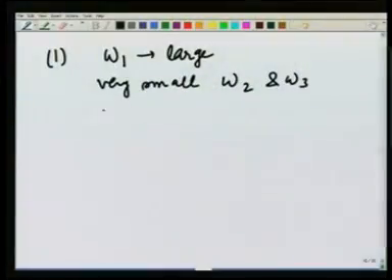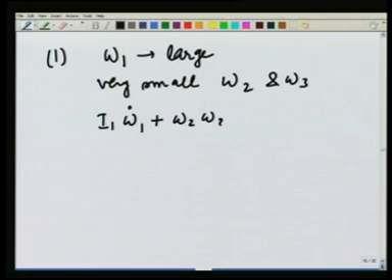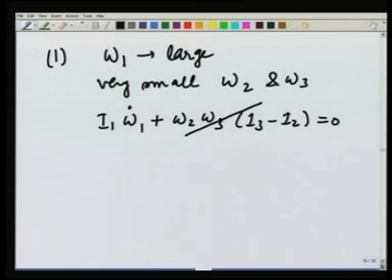In this case, the equations would be I1 omega 1 dot plus omega 2 omega 3 (I3 minus I2) is equal to 0. Since omega 2 and omega 3 are very, very small, I can in the first approximation neglect this.